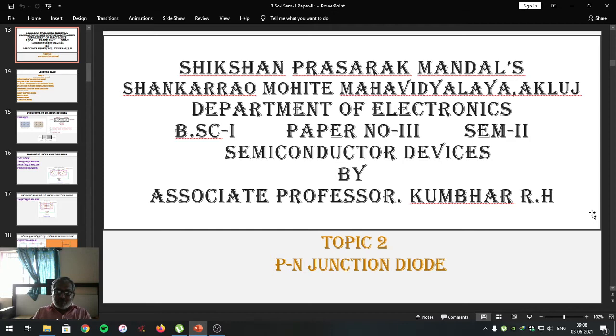Basically, diode means di has the meaning two, ode means electrode. The device which has two electrodes is known as a diode. The diode may be available in the form of vacuum having anode and cathode as its terminal, or plate and cathode as its terminal.